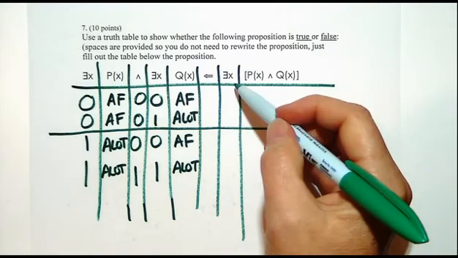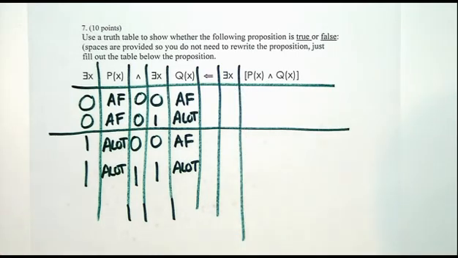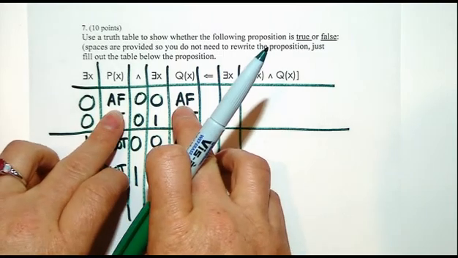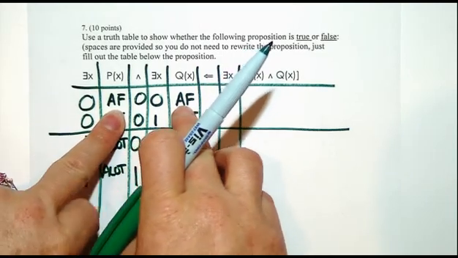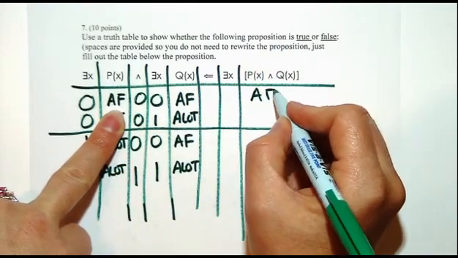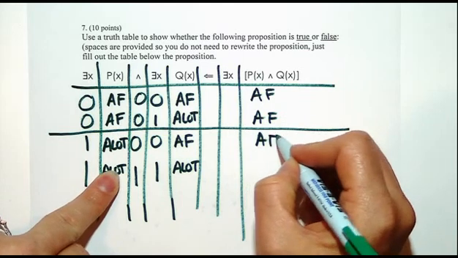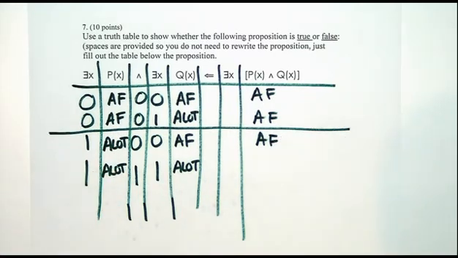Okay, so now we can't fill this out until second to last, but we can do the P of x and Q of x frequency table because we're going to AND all false with all false. And remember that ANDs preserve falses, right? So if I see any falses, I'm going to keep them. So these first 3 rows all have all falses somewhere, so those are easy. The last one, we're going to AND at least one true with at least one true.